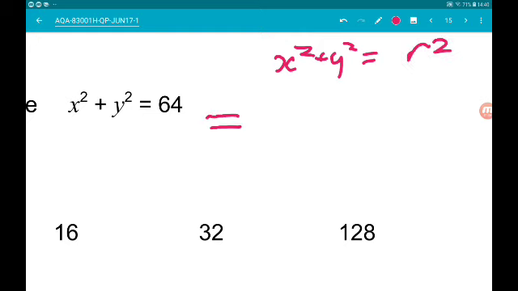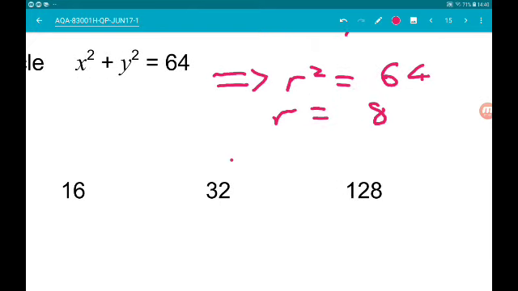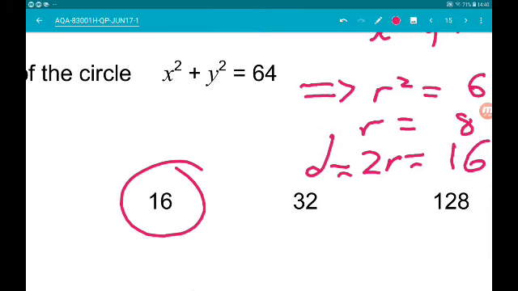So this guy has r squared is equal to 64. So the radius is equal to 8. Diameter is 2 times the radius, which is 16. So, that's our guy.